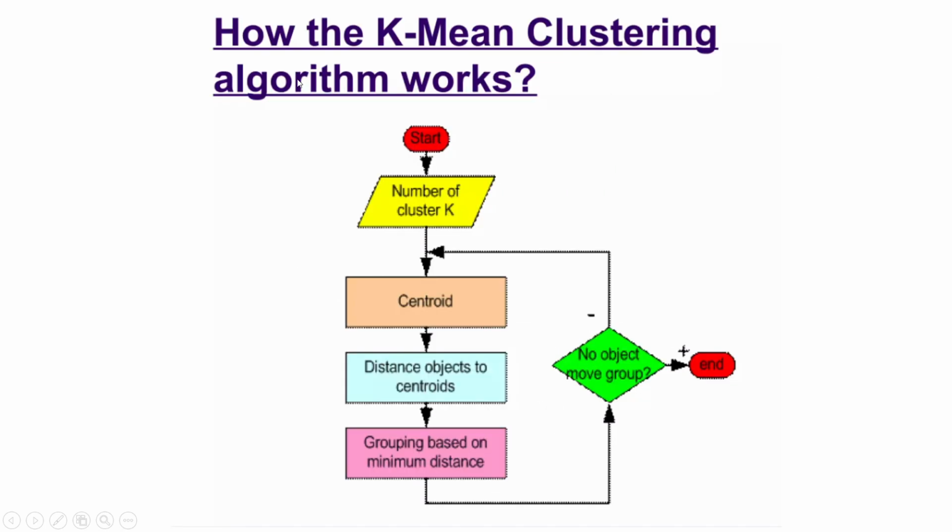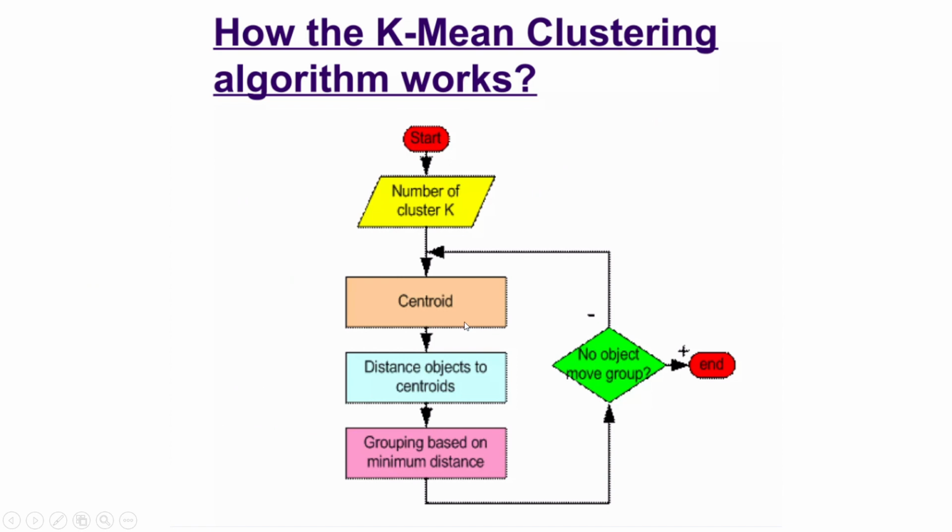Let's see how the k-means clustering algorithm works. We will be given a data set, so we first need to start with the number of clusters k. We will group the given data points into k clusters. Then we will find a new centroid for the clusters. We'll measure the distance of objects to centroids.